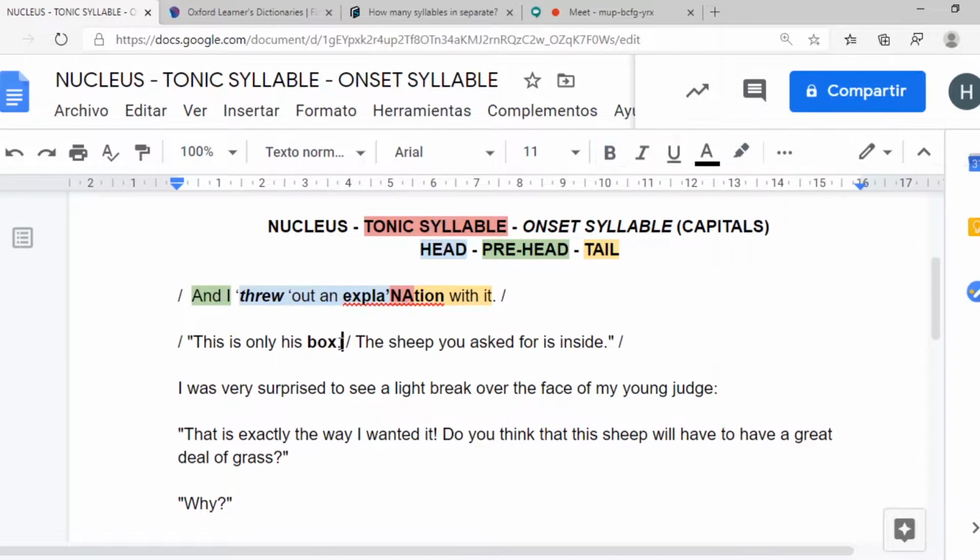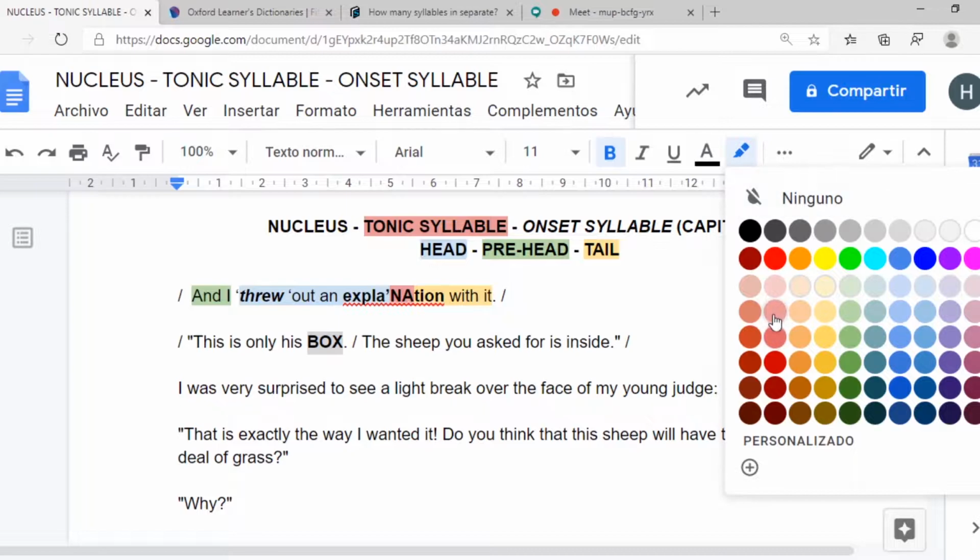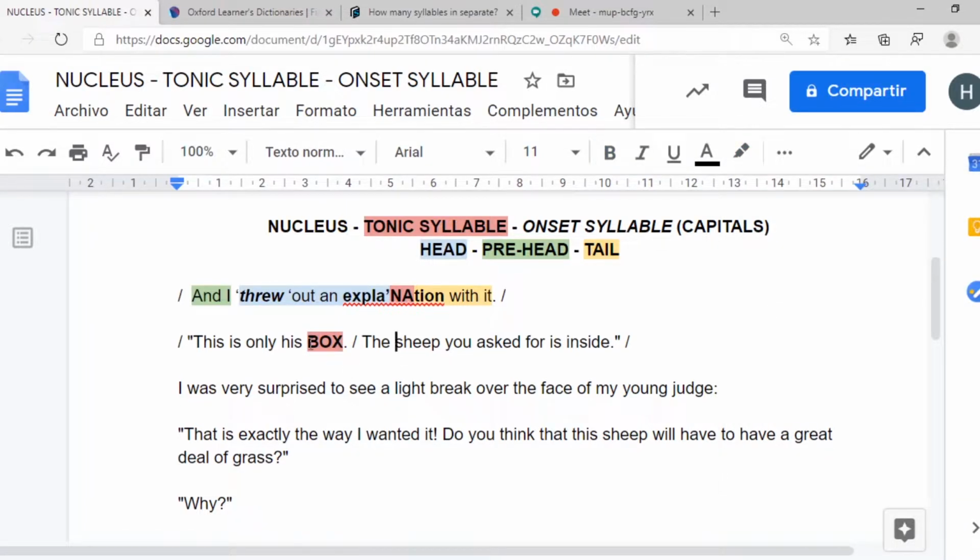Okay, and I am marking it by writing it in capitals, bolds, and by using the highlighter rojo claro. So this is my tonic syllable here. My whole last content word is a tonic syllable.